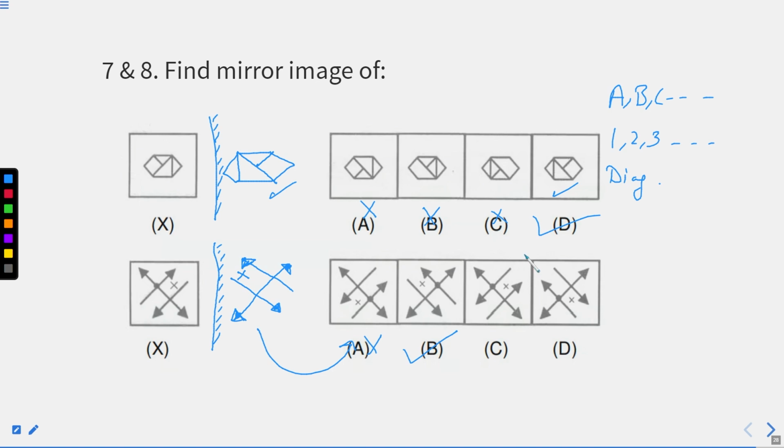As soon as you are able to understand this part, there is no problem in solving any of the topics, right? So for these topics, what do you need? You need more practice. For that, you can go to the website and check out the practice set of this particular chapter, that is mirror image and water image, right? With this, you are able to develop a good hold over the subject as well as this particular topic.